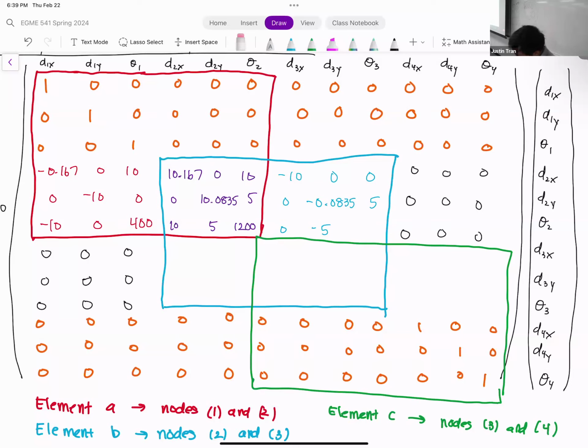Okay. And then the bottom left, actually the mirror image of it, so we have -10, 0, 0, 0, minus 0.0835, -5, 0, 5, 200. Okay.